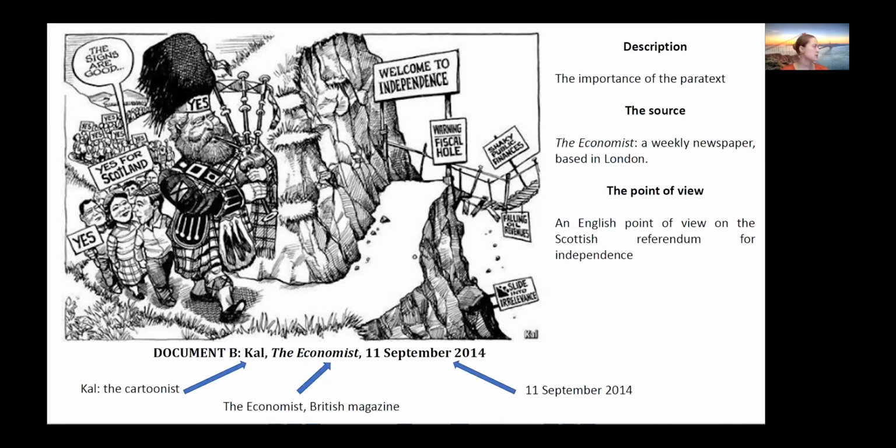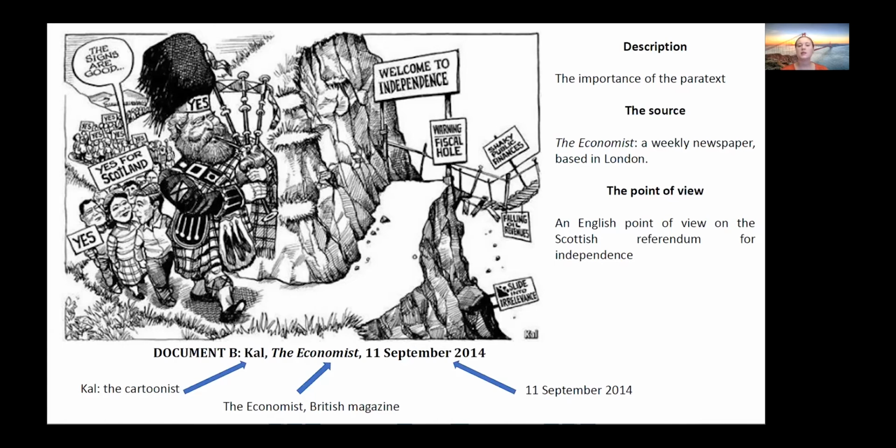What's more, what you can find from this specific source is the point of view, because as I told you in the first PowerPoint, every document has a point of view and is biased. Your job is to identify what is the point of view expressed.